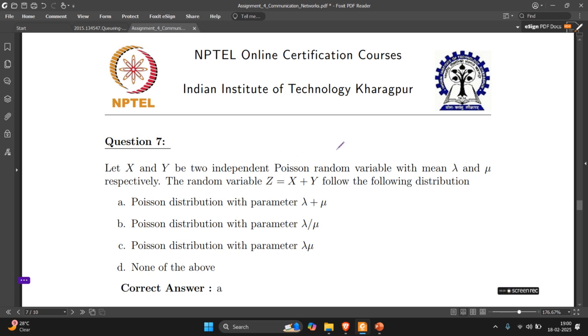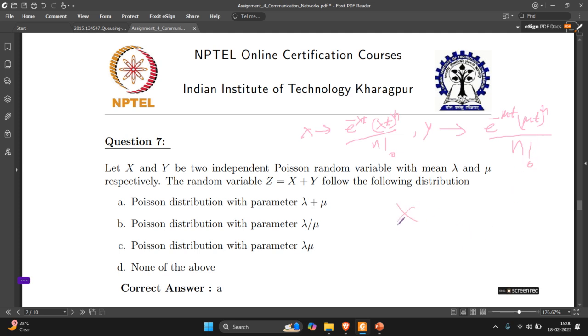Next, if x and y are two independent Poisson random variables with mean lambda and mu respectively. So x and y are two independent arrival processes. x is distributed as e to the power minus lambda t, lambda t to the power n by n factorial, whereas y is distributed as e to the power minus mu t, mu t to the power n by n factorial.